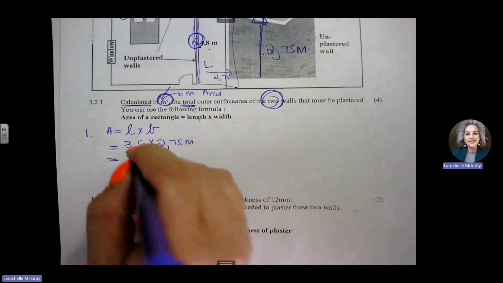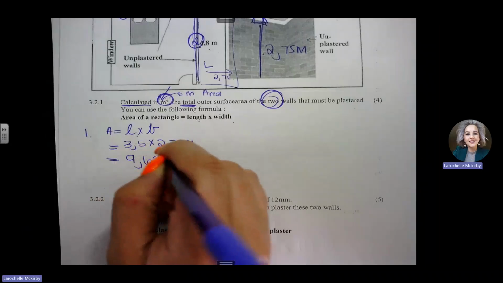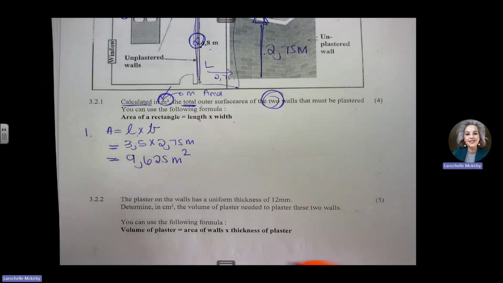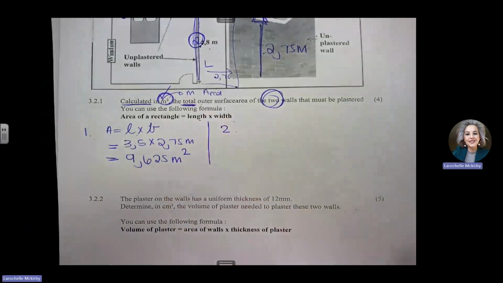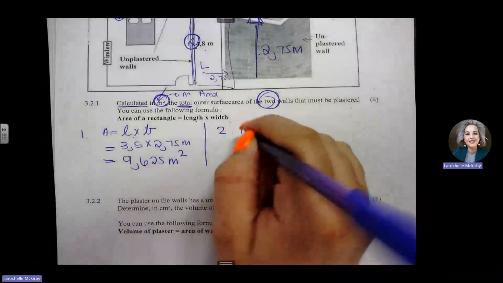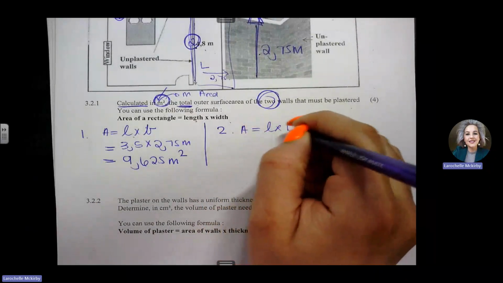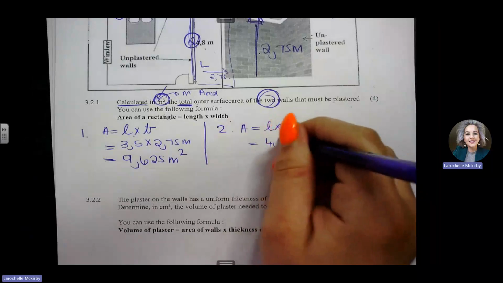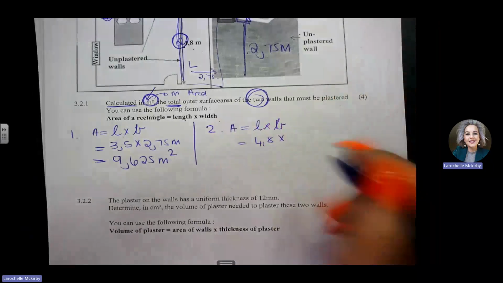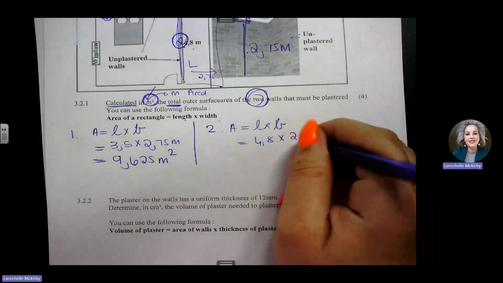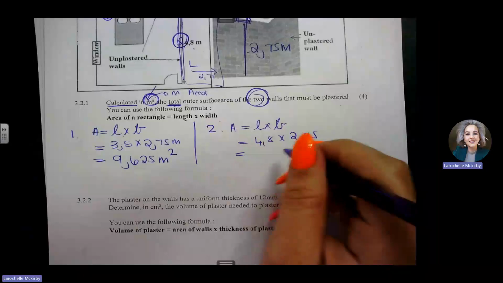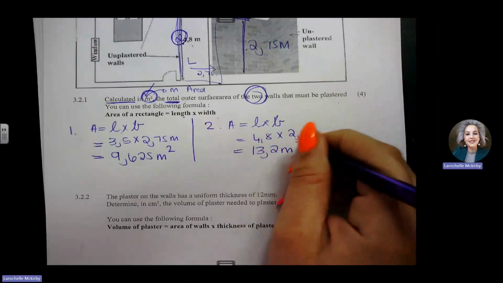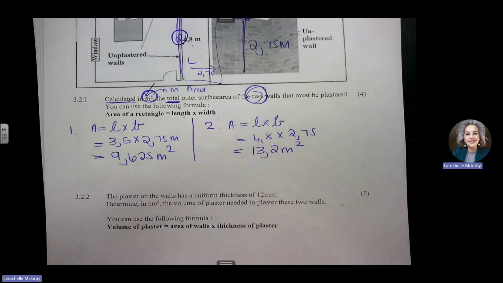And when I multiply that, 9.625, everything is in meters. It is area, so it is squared meters. Let's do the second wall. Area equals length multiplied by width. And we say length is 4.8 multiplied by the width, or the height in this case, 2.75. If I multiply that, I get 13.2. Everything is in meters and it is squared meters.